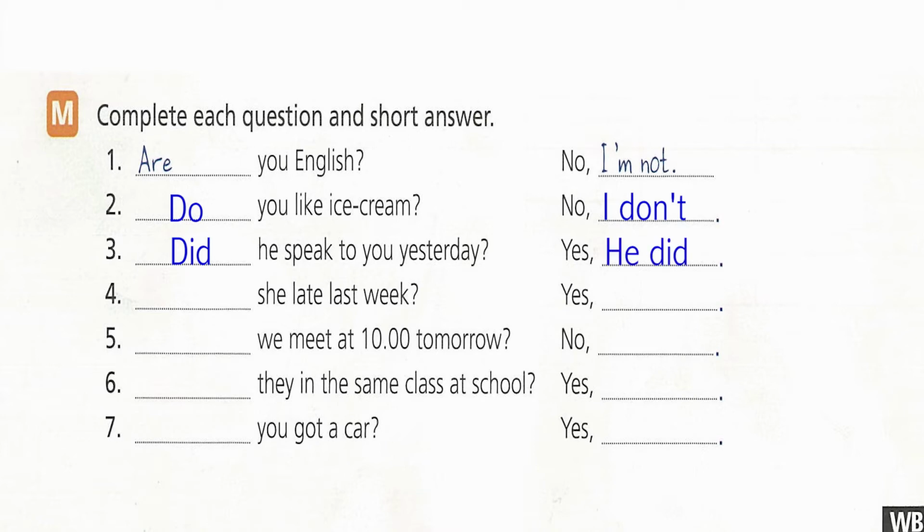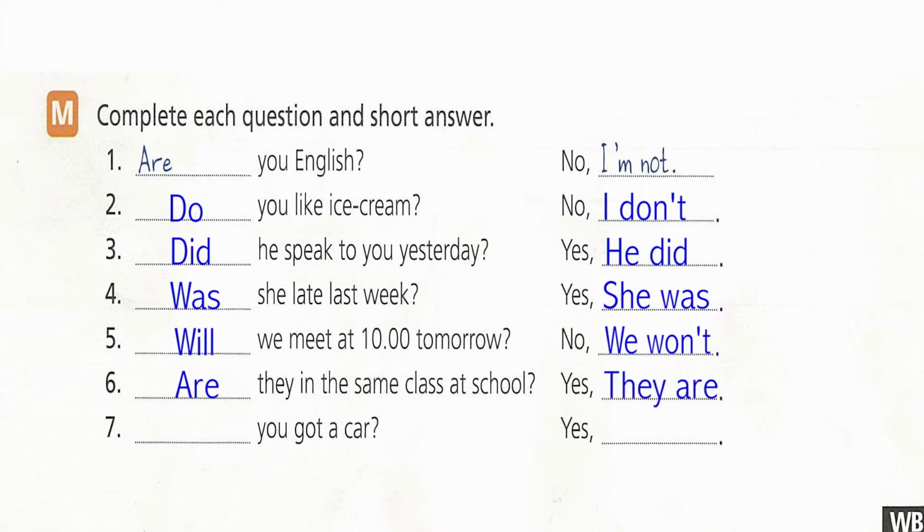Yes, he did. Was she late last week? Yes, she was. Will we meet tomorrow? No, we won't. Are they in the same class at school? Yes, they are. Have you got a car? Yes, I have.